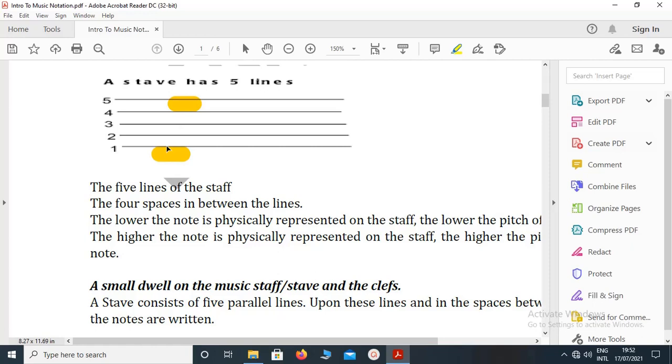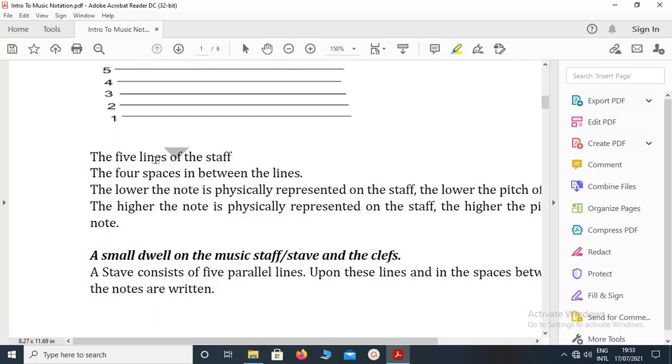So this would be like do, do. Those are pitches. The higher you go, the stronger or louder or sharper the note becomes. When you go down, the deeper the notes become.